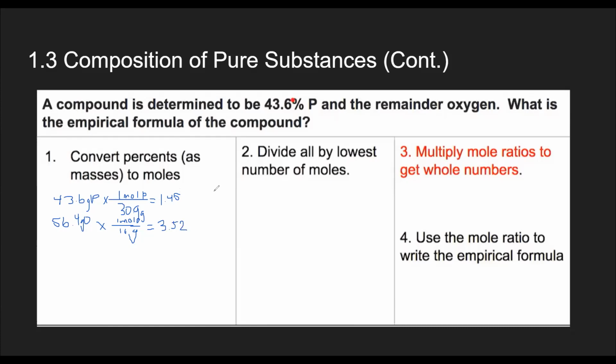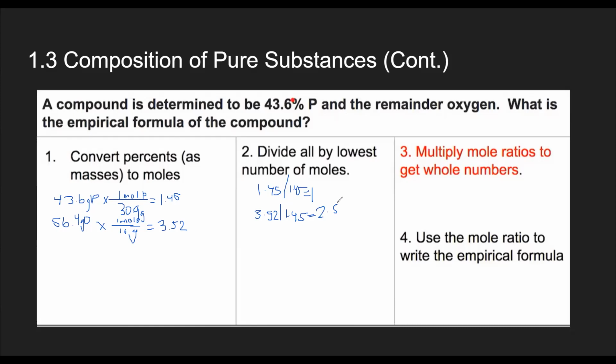And now what you have to do is use these and divide by the lowest number of moles in order to get the mole ratios. So 1.45 by 1.45 is 1. 3.52 divided by 1.45 is 2.5.